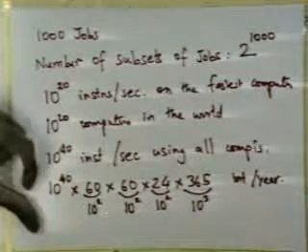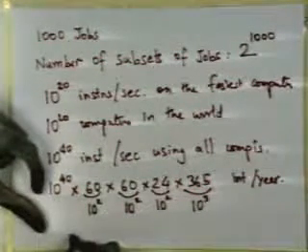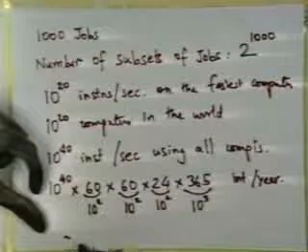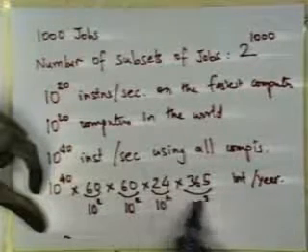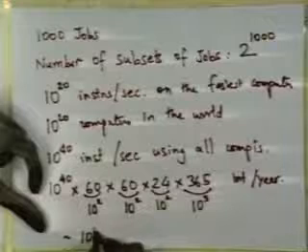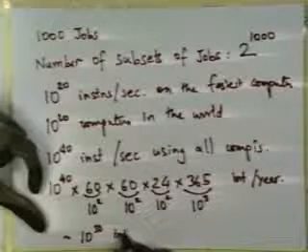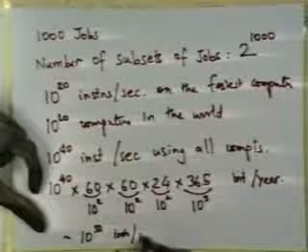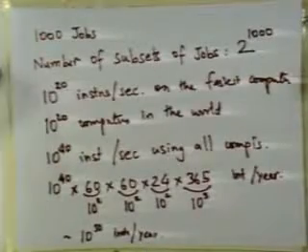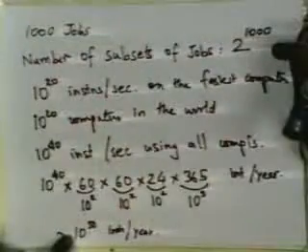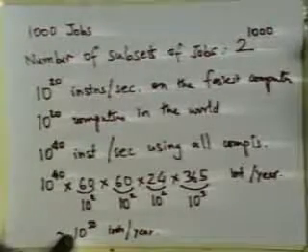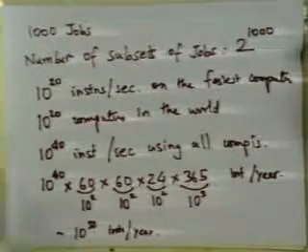So the number of instructions per year is certainly not more than 10 to the 50. Good. So I have 2 to the 1000 subsets to look at. I can look at most 10 to the 50 subsets per year. Let's see how many years this takes.